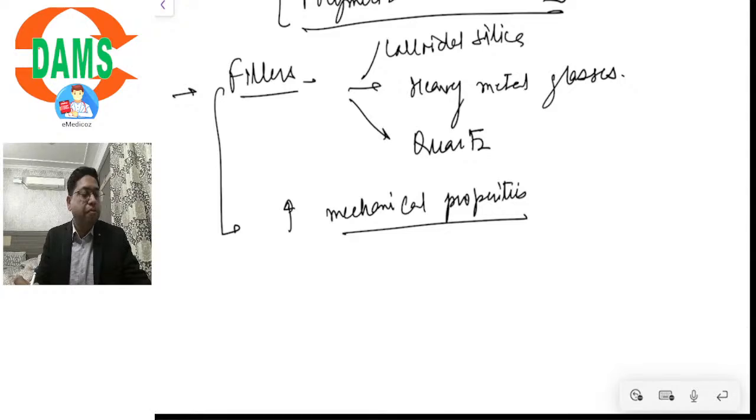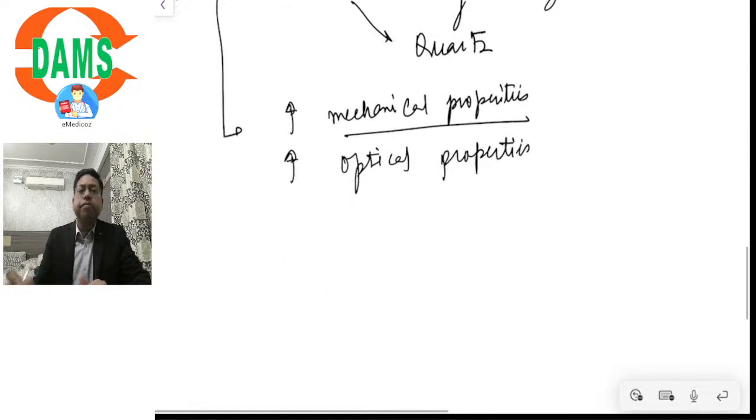Fillers enhance the mechanical properties of your resin-based composites. They also increase the optical properties. We know that resin-based composites are one of the most aesthetically pleasing direct restorative materials available, so these optical properties are enhanced by the fillers present in them.